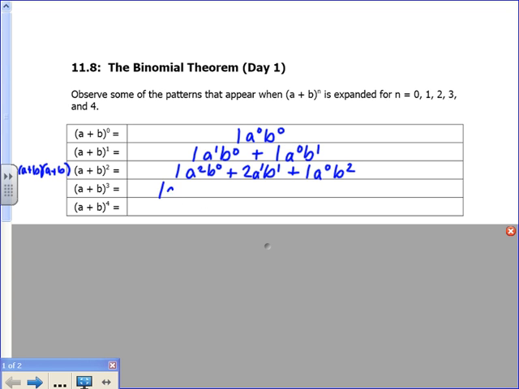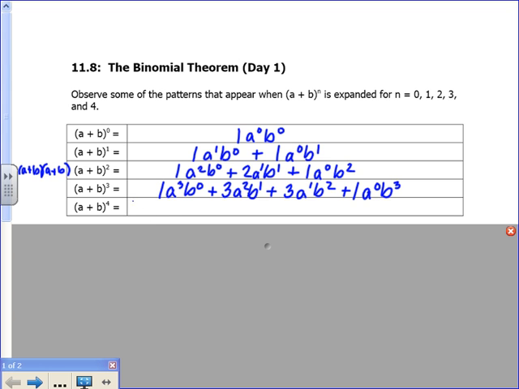Next line down, we have 1a to the third b to the 0 plus 3a squared b to the first plus 3a to the first b squared plus 1a to the 0 b to the third.